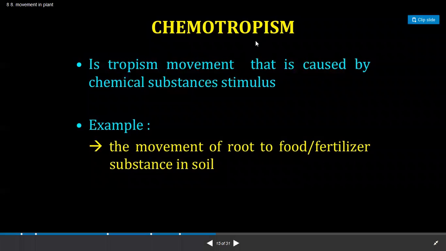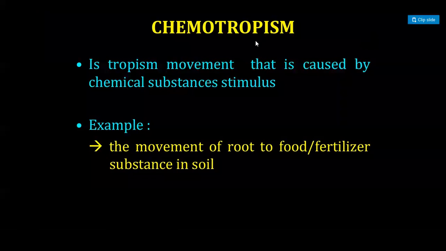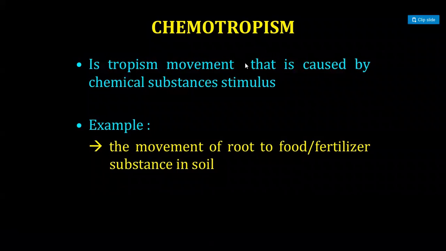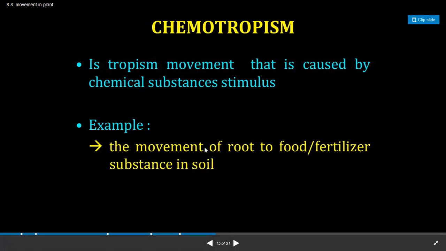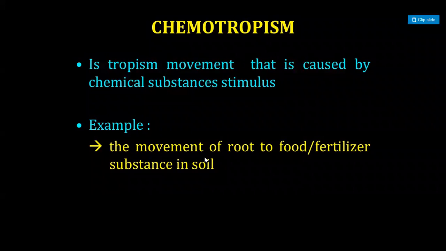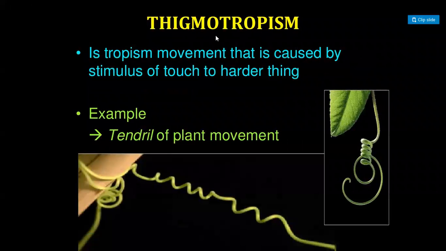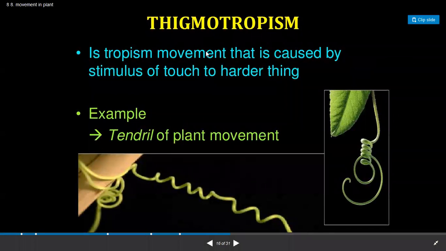Next one, chemotropism. It is a tropism movement caused by a chemical stimulus. If you apply fertilizer or manure, the root grows towards the fertilizer. That movement is called chemotropism. Next one, thigmotropism is a tropism movement caused by the stimulus of touch to a hard object.